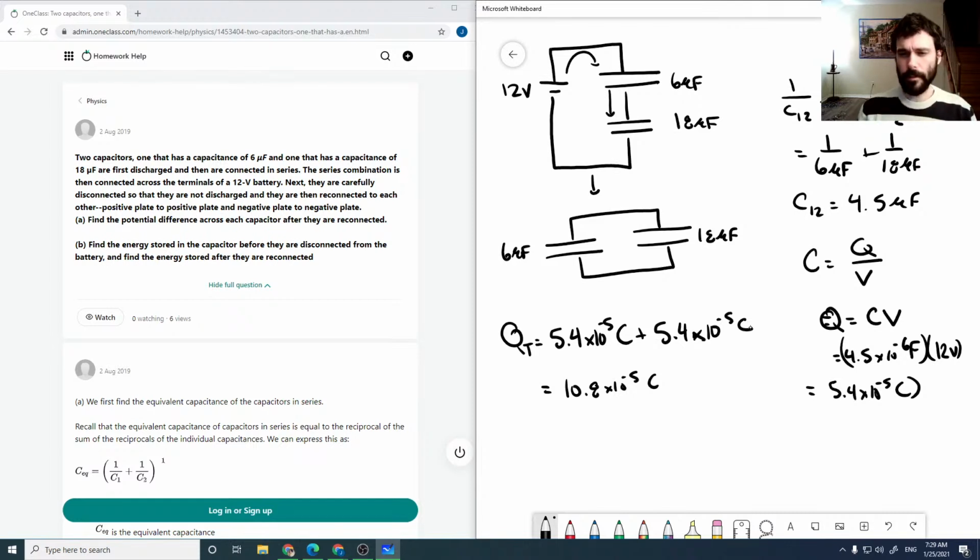Now when they're reconnected, they will distribute their charges, but our Q total will still be 10.8 times 10 to the minus 5 coulombs, which will equal the new charges on each capacitor.